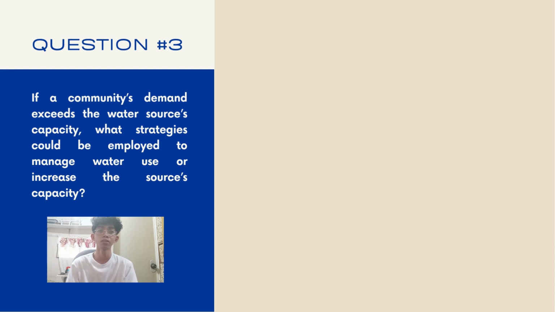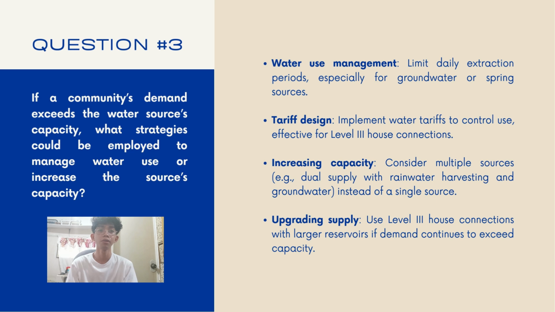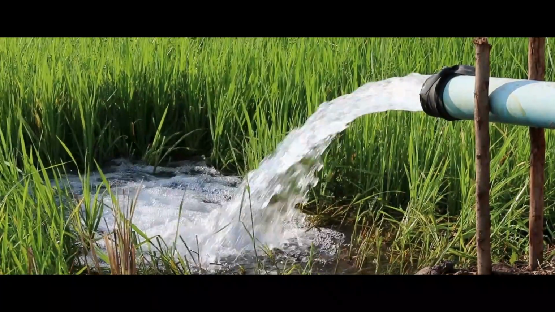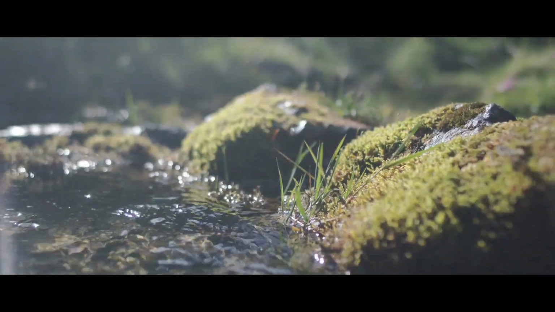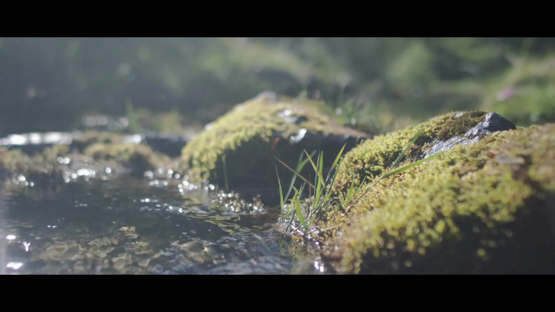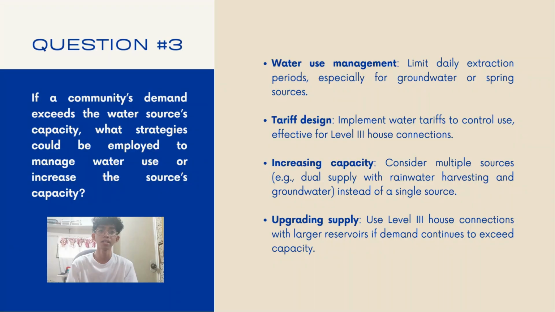In the case of water use management, decreasing the period of daily water extraction can be employed to avoid exceeding the capacity of the water source. This strategy is applicable if the water source is groundwater or spring. Tariff design could also be a wise strategy to control water use in the case of level 3 house connections.